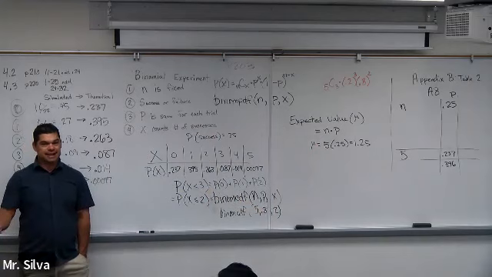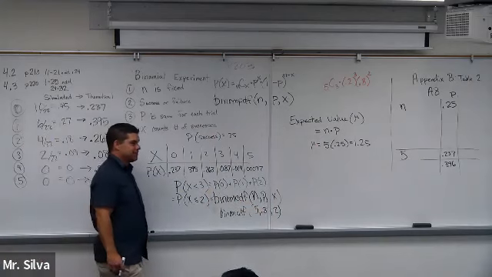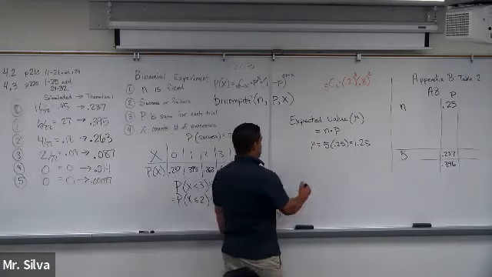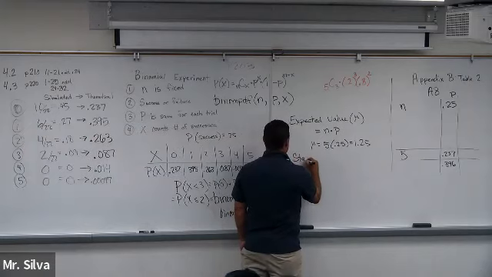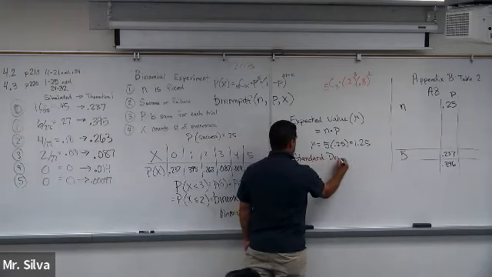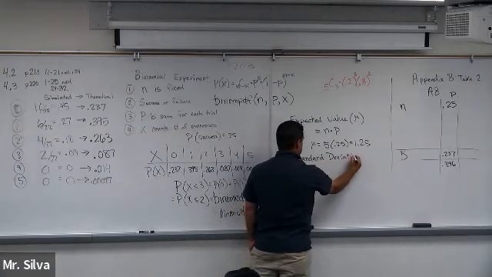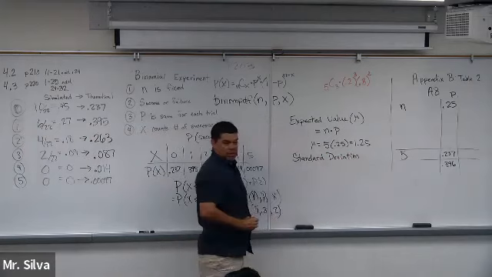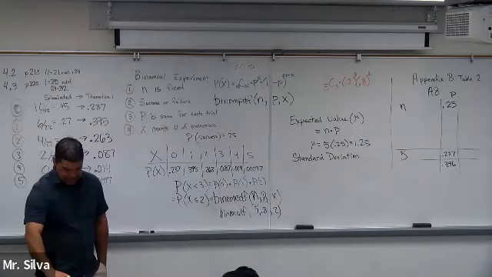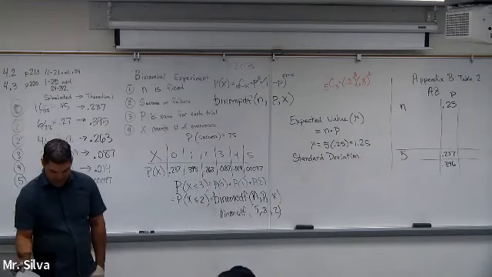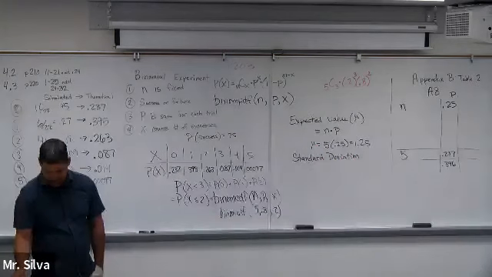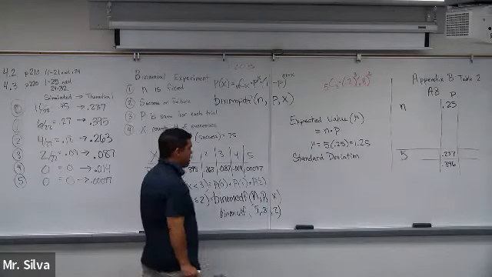What's the variance or standard deviation? Okay. We get to find the standard deviation. There's a formula for standard deviation as well. This is the last thing that's in 4.2. It's on the last page, 209. Standard deviation is the square root of NPQ.